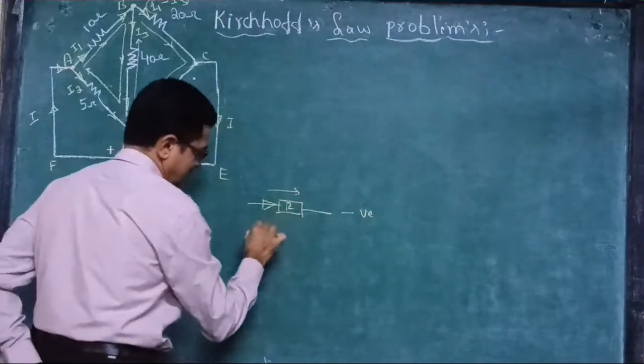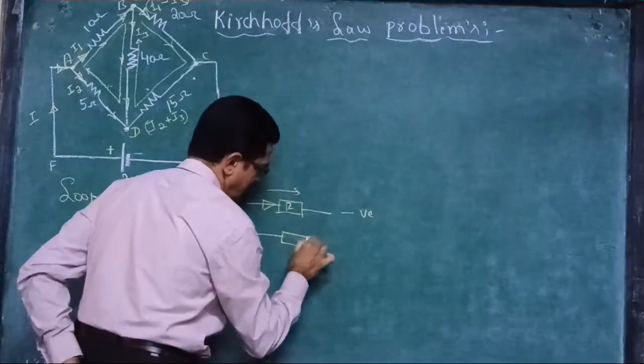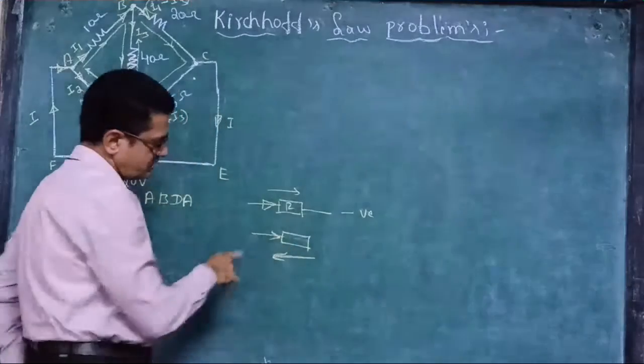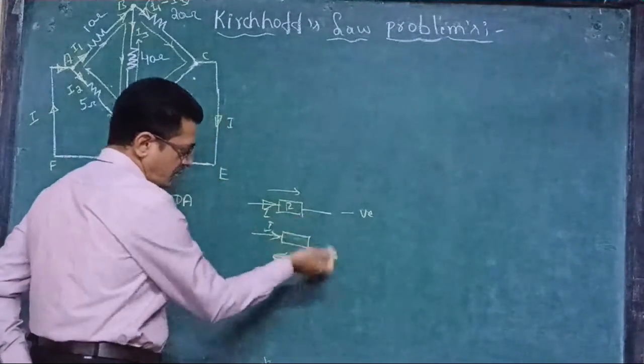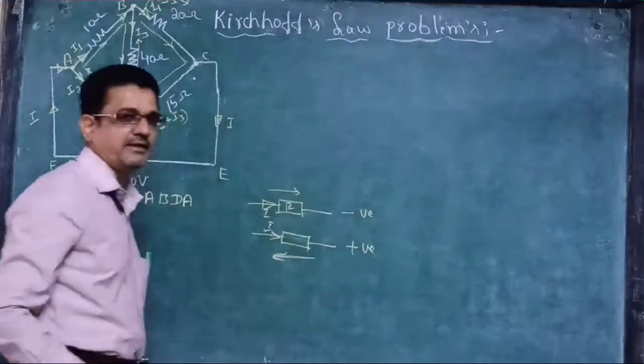But in case of a resistor, if we are going opposite to the current direction, that means a positive sign.